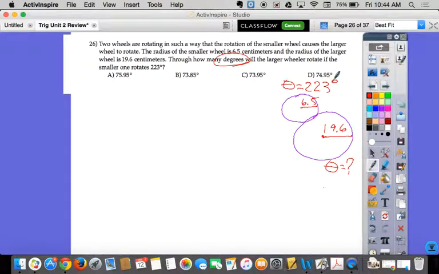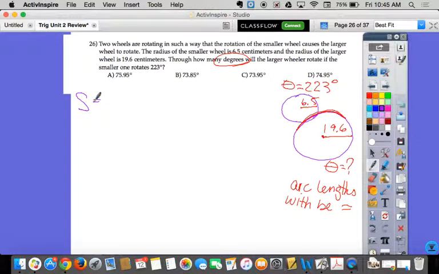Now the key to this is that the arc lengths will be equal, because if these are gears, it never said that they were gears, but typically it's given in a gear format, the little teeth are going to match, and however far the small one turns, the large one's going to turn. So it's the arcs that are equivalent. If you find the arc for the small one, and then use that in the next equation, you can get where you're going for the large gear.